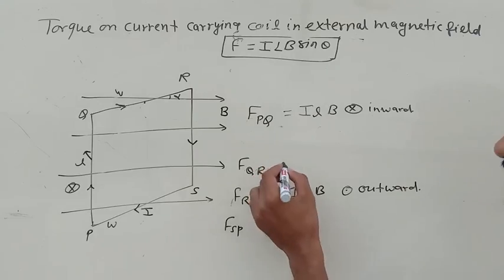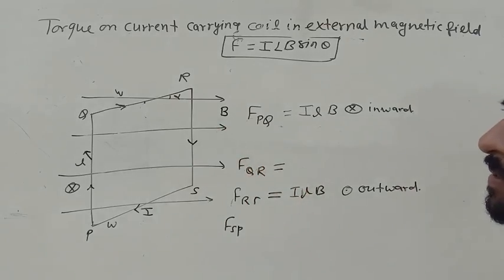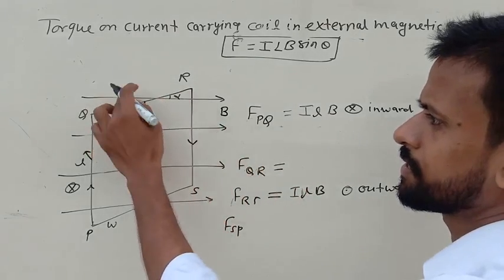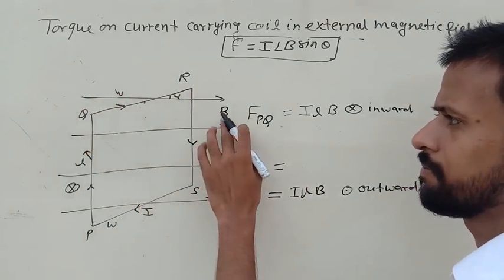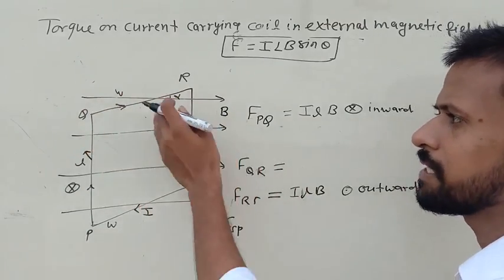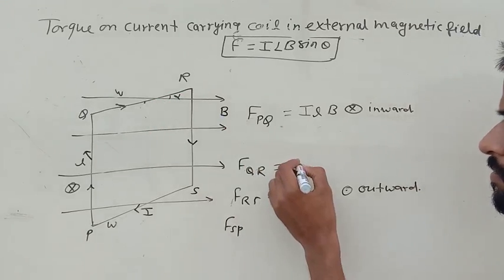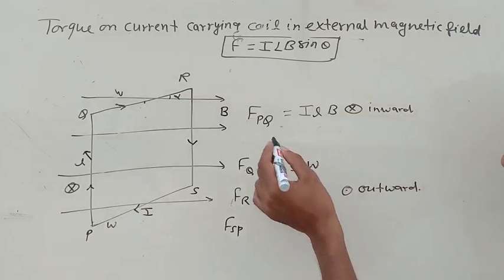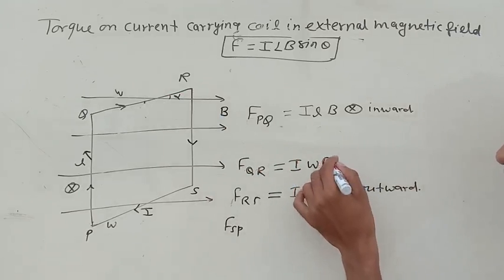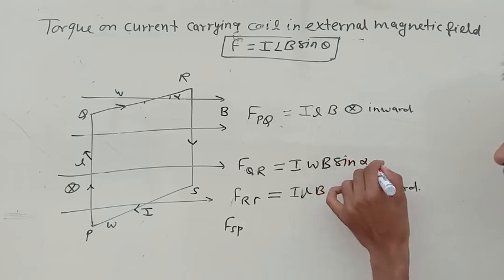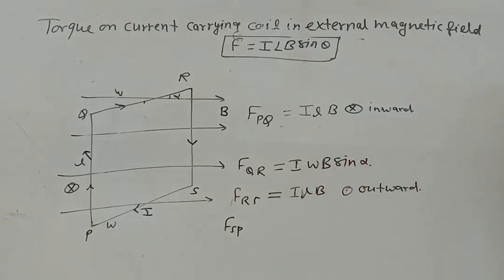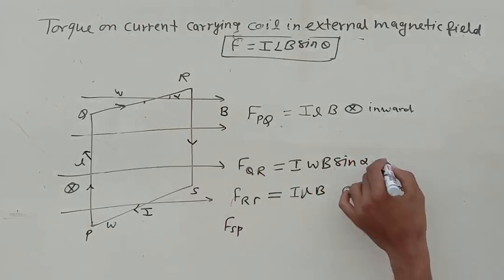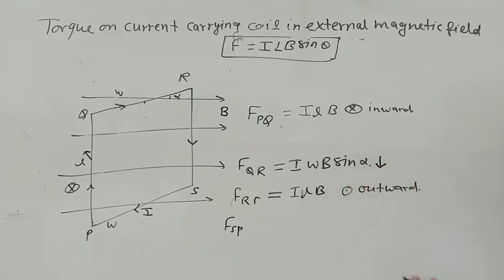Now force on QR. Here the length is W and the angle between the magnetic field B and the length is alpha. So this is I W B sin alpha. By applying the left hand rule, the direction of force on QR is in inward direction.